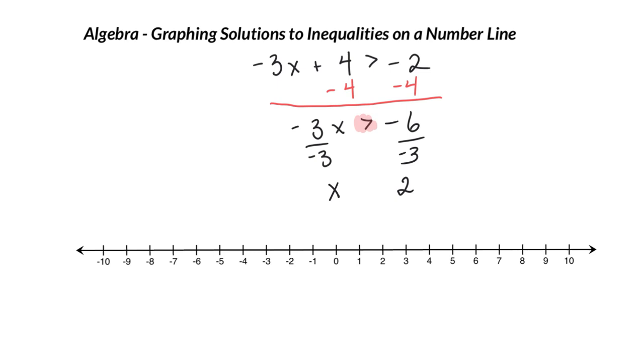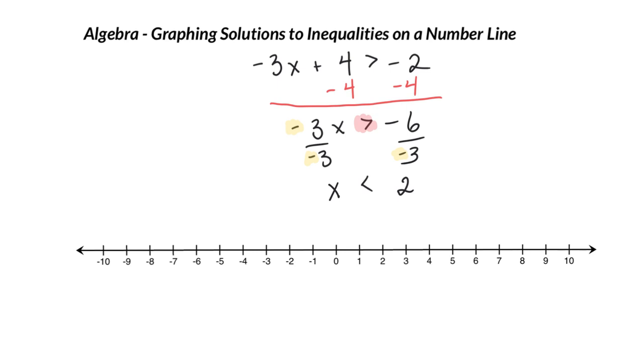And this is a rule that most people just memorize. It's not something you need to think about all the time. Just remember, whenever you divide by a negative, you have to reverse your inequality, its direction.